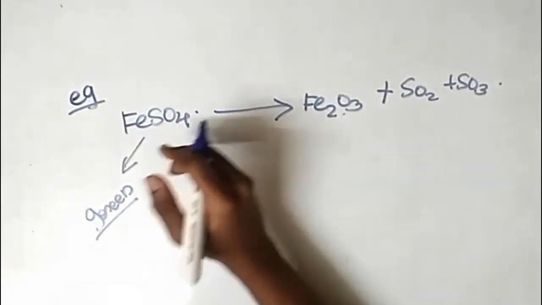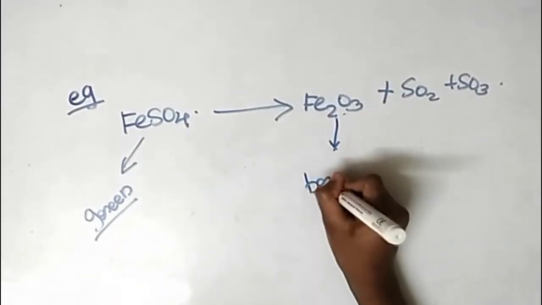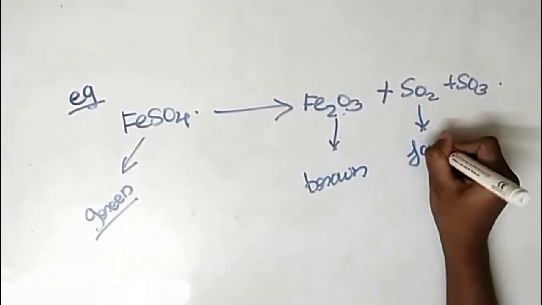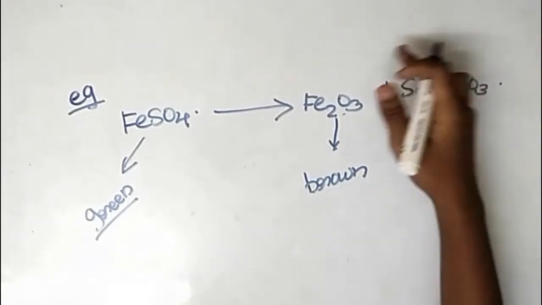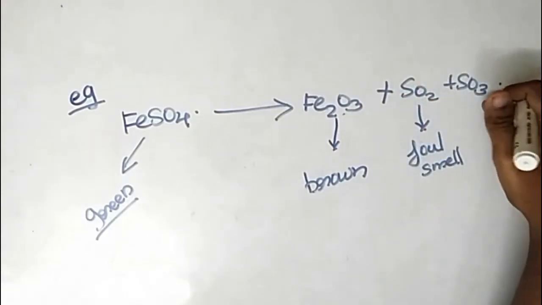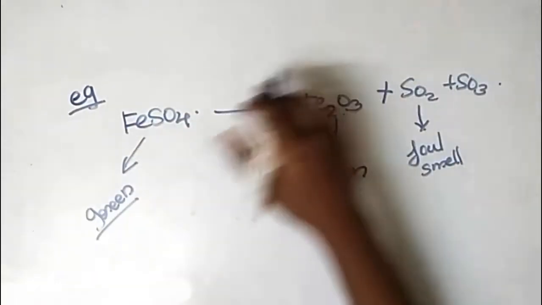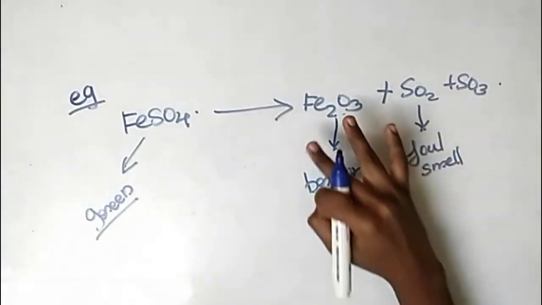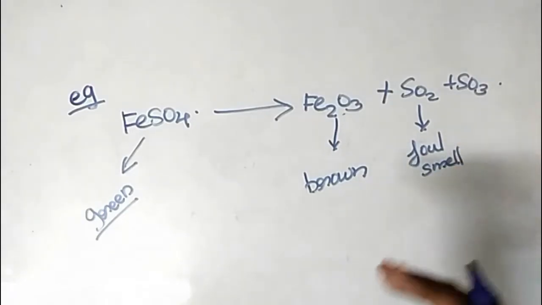So the green FeSO4, ferrous sulfate, when heated changes to brown ferric oxide and it gives a foul smell. The foul smell is given by sulfur dioxide, along with the additional product SO3. So in this reaction we can say that one single reactant decomposes to three simpler products. This is what the decomposition reaction is.